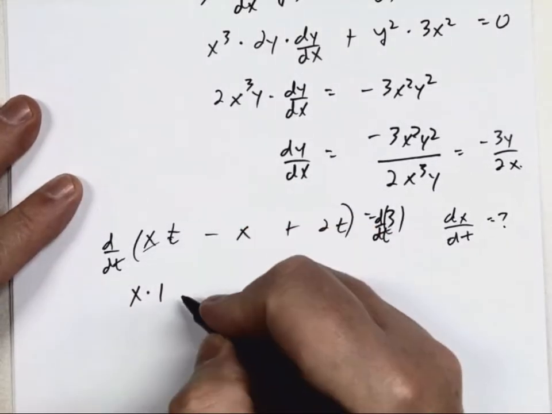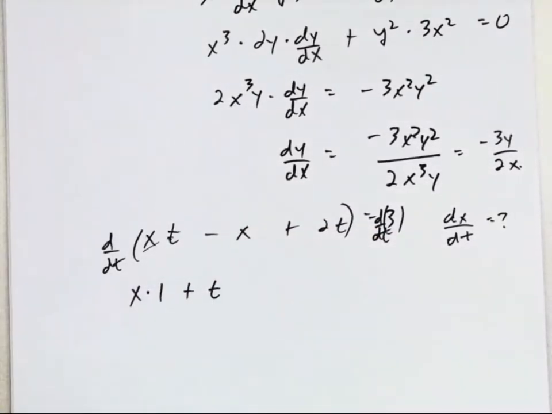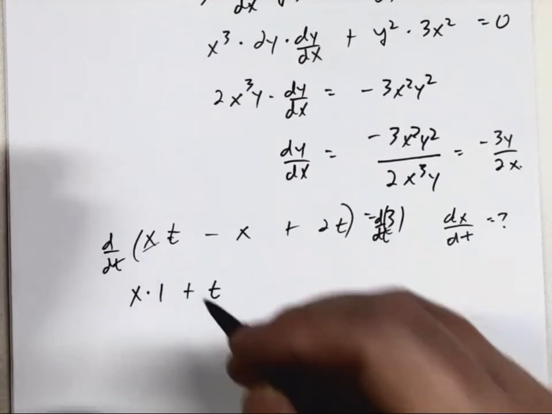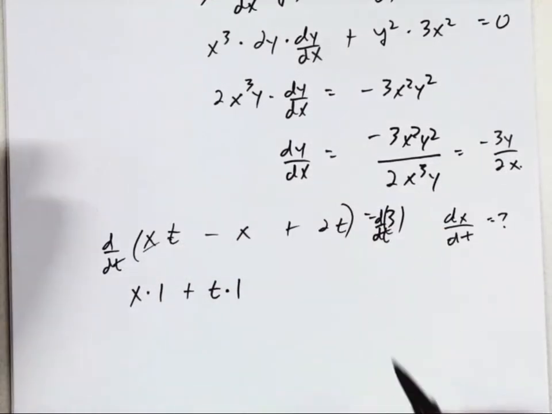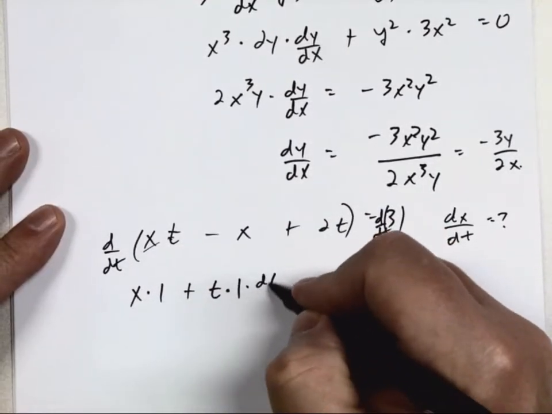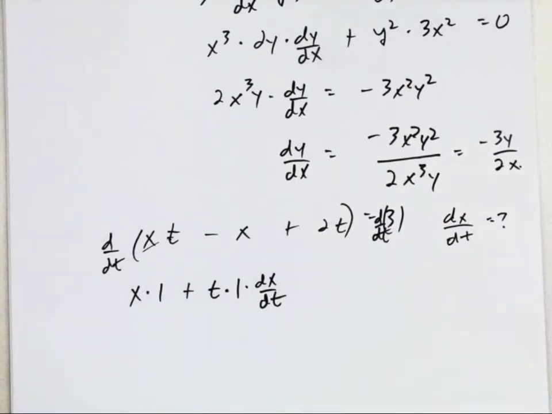Now to finish the product rule, I'm going to write the t and take the derivative of x with respect to t. Well, the derivative of x is just 1, but then you do have to include the dx dt, since the top and bottom variables are different.